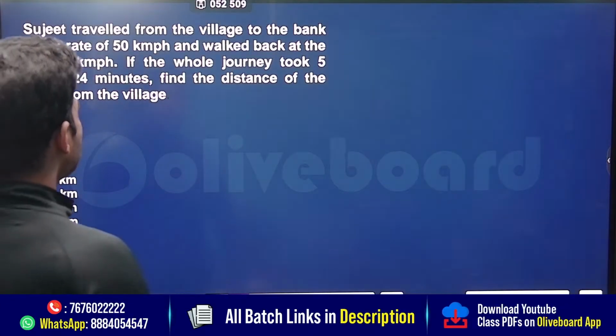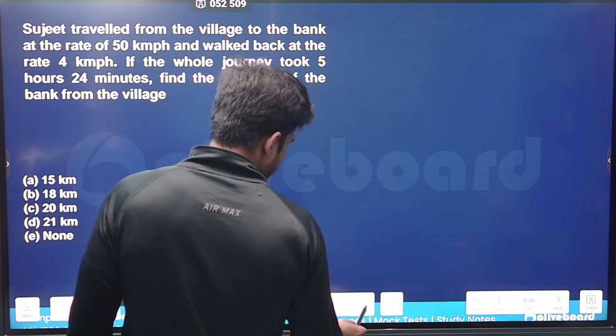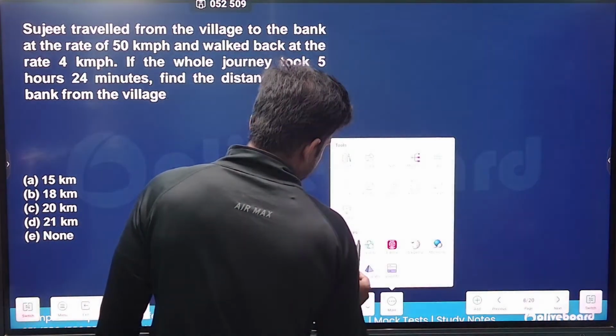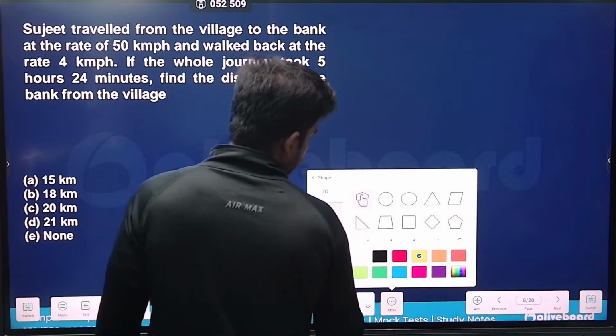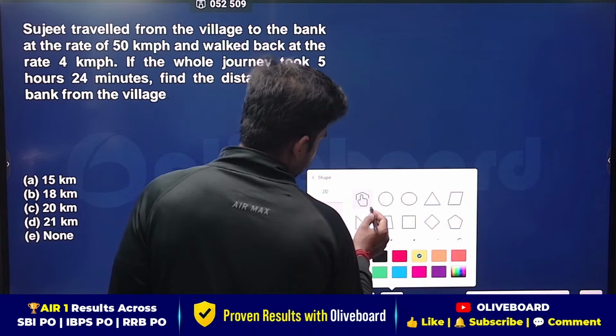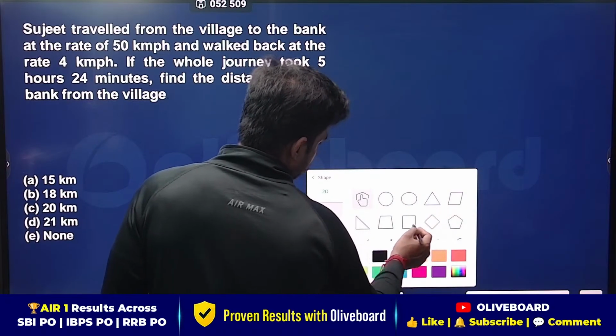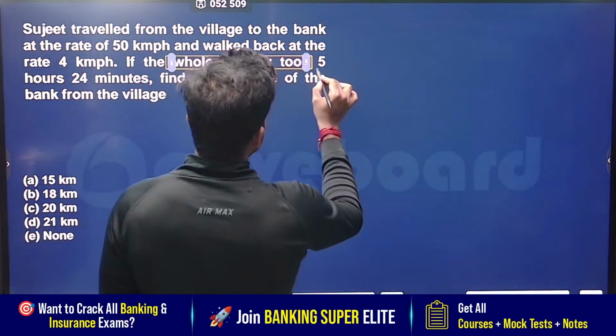Now when you get this whole journey, the objective is, let me make you clear with the shape. When you get this whole journey, this is the crack here.